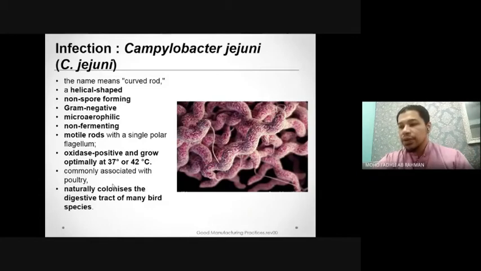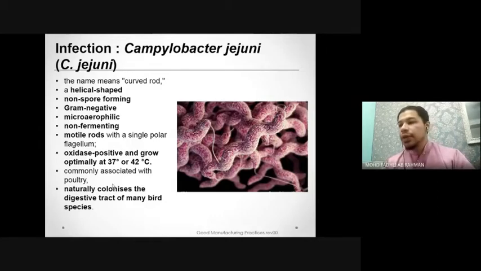Same with Salmonella, it's a rod with a single polar flagellum. It has flagellum. It is oxidase positive and grows optimally at 37 degrees Celsius or 42 degrees Celsius.